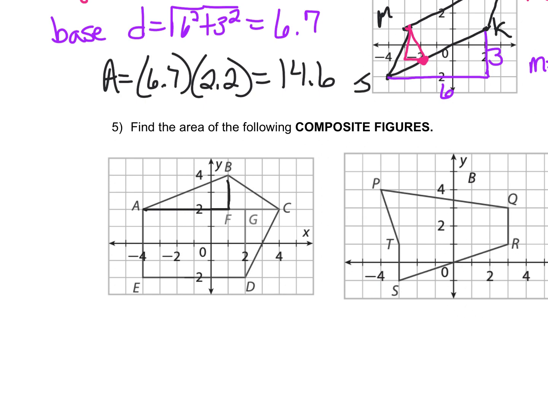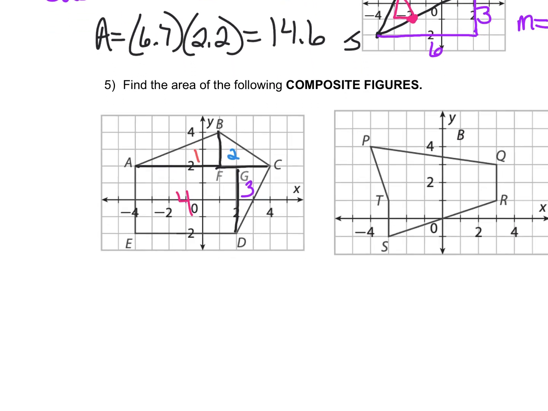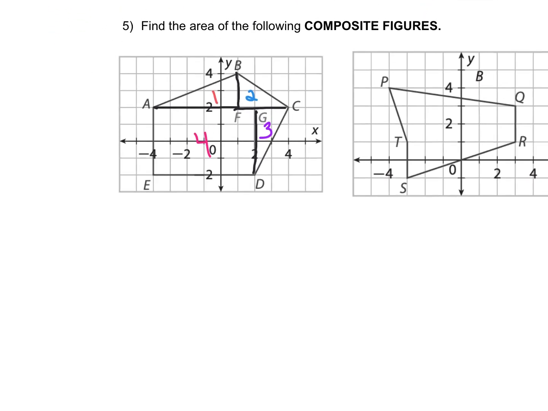So if I draw these other lines, I'm going to label these 1, 2, 3, 4. If I find the area of each one of those, I'll have the area of all of it.